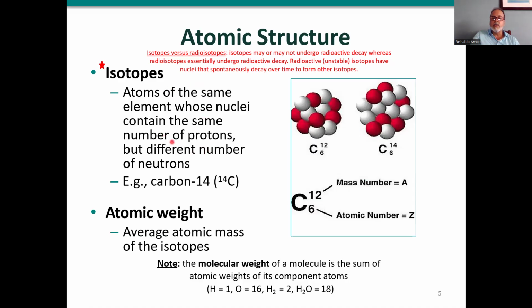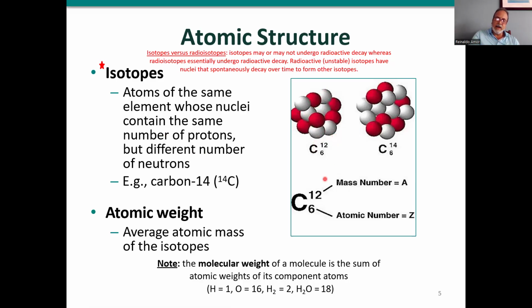You can also say that isotopes are atoms of the same element with the same atomic number but different mass number. When we talk about isotopes, we talk, as an example, about carbon-14. By the way, the most common isotope of carbon is carbon-12.